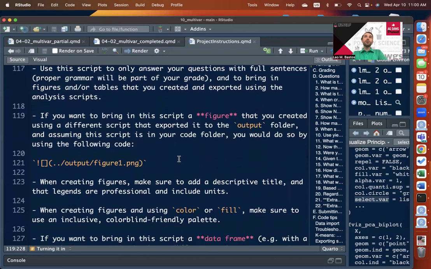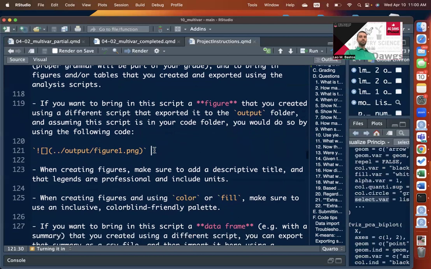A quick tip here. Because you're not going to be creating maps in this script, how are you going to show me a map or a plot when I ask for one? In the script where you do create that plot or map, you will export it. If it's a ggplot, you're going to use ggsave to create a PNG file on your file system, let's say in your output folder. Let's say that in some script you created a figure called figure1.png.